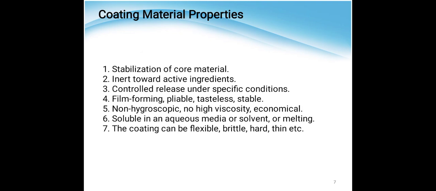Number one, it should stabilize the core material. If you are using any coating material in combination with a core material, the coating and core material should not get disturbed. It should not form any kind of incompatibility. It should stabilize your core material.